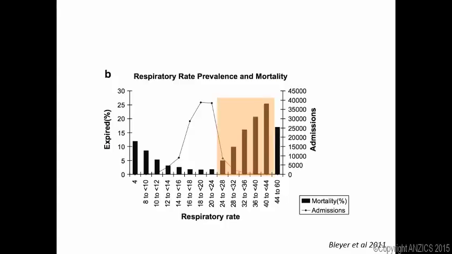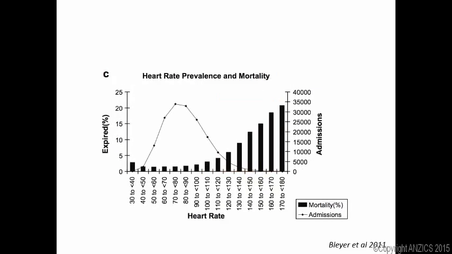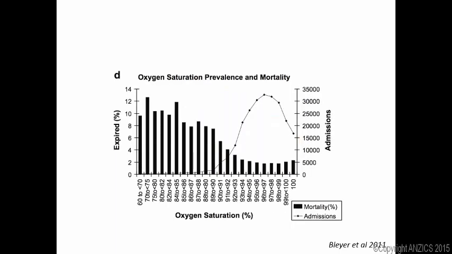You look at respiratory rate above 24 and your mortality rises in a linear fashion. The same with heart rate. When your heart rate rises above 120, your mortality tends to go up in a linear fashion. Oxygen saturation is a little harder to interpret, but it's clear that SATs below 90 spell trouble.